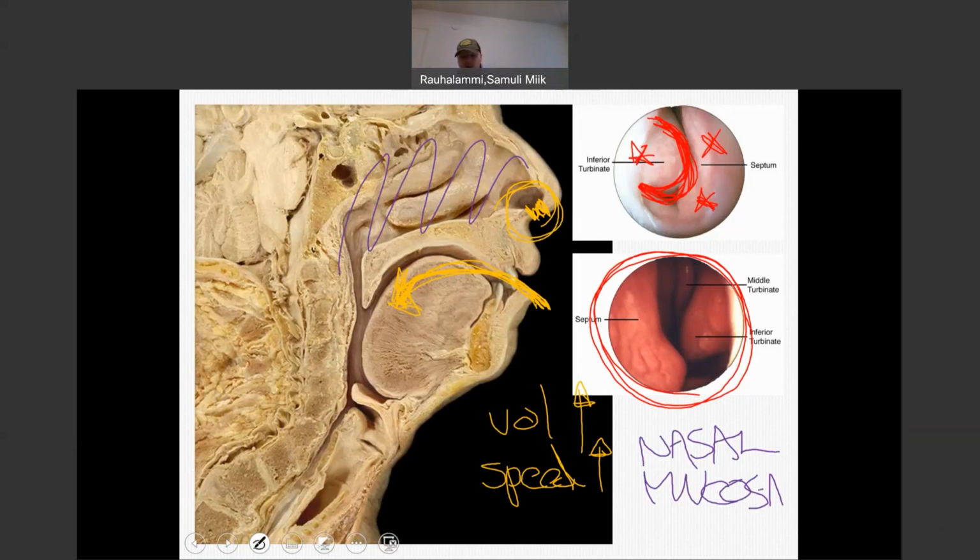And the nasal mucosa, you remember, it was the goblet cells that secreted the mucus that played an important role here. So this really served the three functions that we had for the nasal cavity that we wanted to highlight.